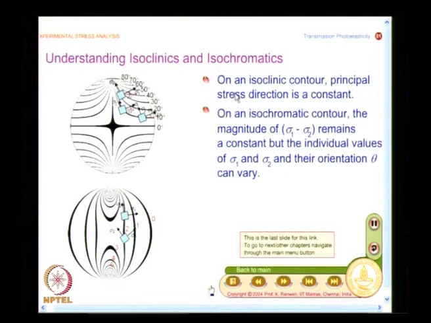So, what you find here is, on an isoclinic contour, principal stress direction is a constant. On an isochromatic contour, the magnitude of sigma 1 minus sigma 2 remains a constant, but the individual values of sigma 1 and sigma 2 and their orientation theta can vary.